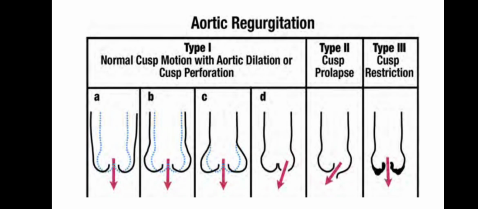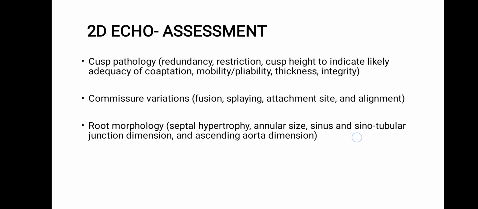Type 2 there is cusp prolapse. Type 3 there is restriction of the motion of the cusp.